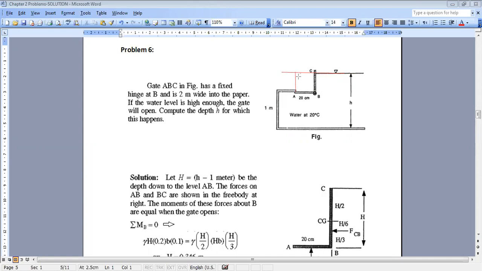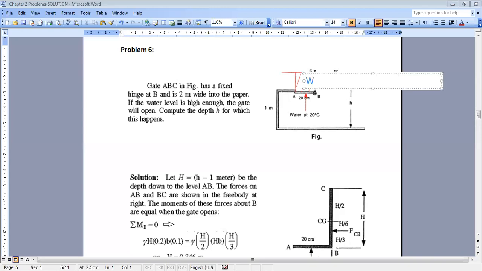This part is called the missing volume of water, because it's not present here. But why do I use this part? Because I can demonstrate that the force of water on the surface is simply equal to this weight, okay?